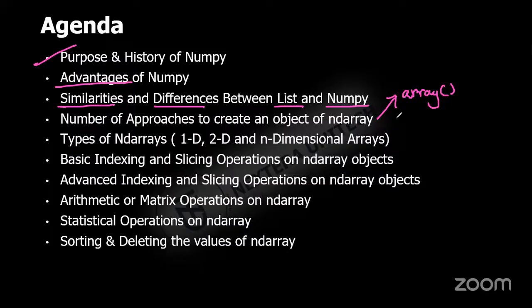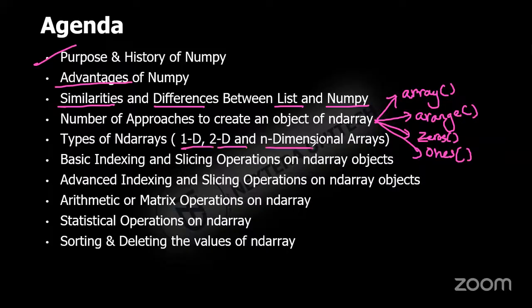The arange function we have also discussed. Then zeros, ones. So all these functions we have discussed for creating, what is the purpose of these functions? They help us to create ND array objects. It might be one-dimensional, two-dimensional or n-dimensional arrays.